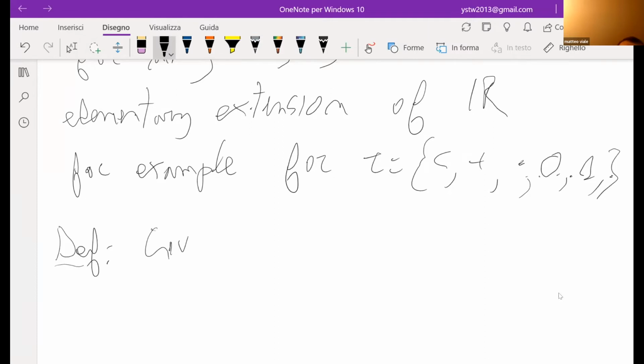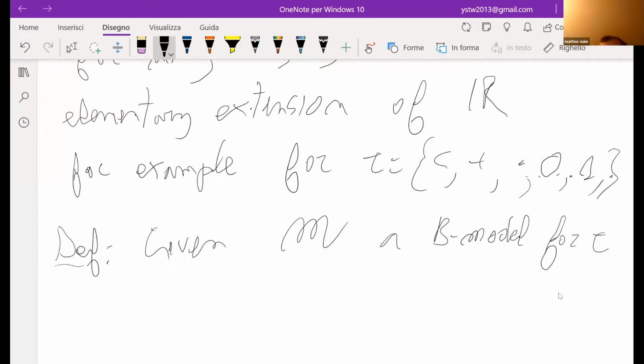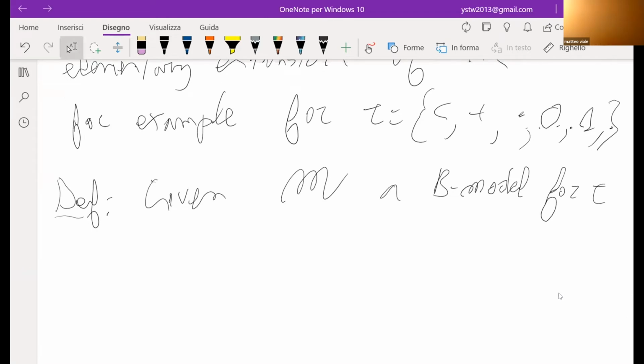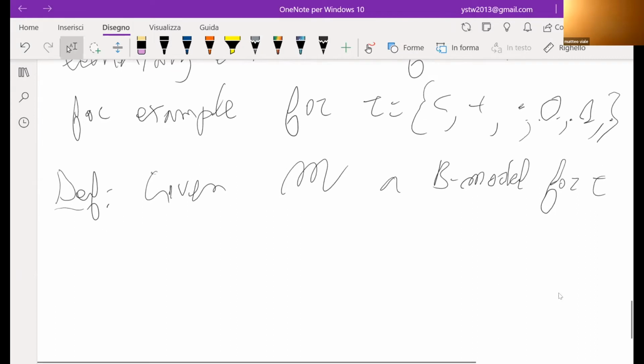Given a B-model for tau, and for the sake of simplicity, I'm just making the definition meaningful and sound for the equality, and for the rest it demands a bit of effort, but it can be done.